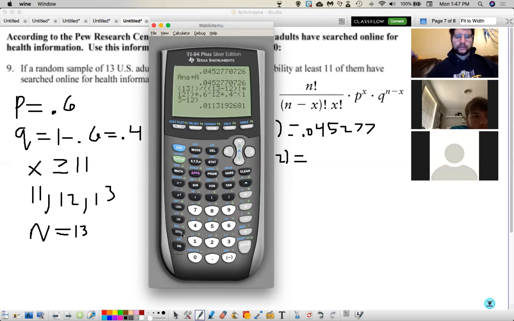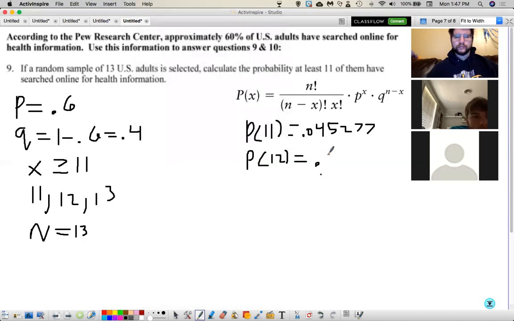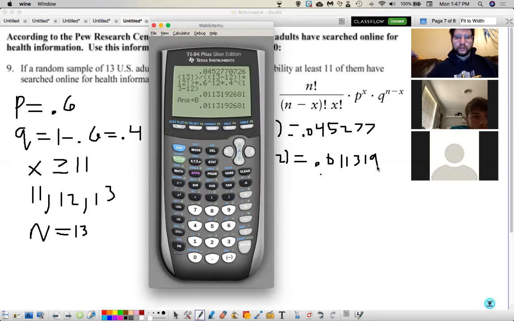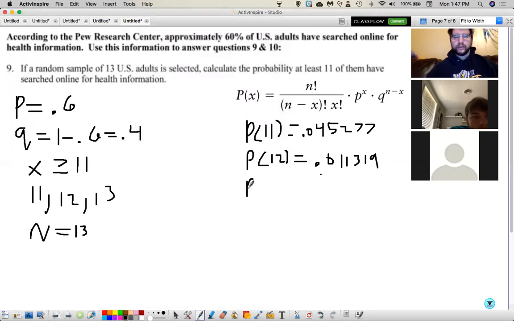That gets me 0.011319. I'll store that to B. And then 13.